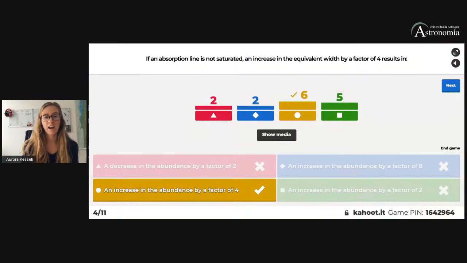Okay. Yeah, so if the line is not saturated, the change in equivalent width directly corresponds to the change in abundance. So if we have an increase in the equivalent width, we'd have an increase in the abundance by a factor of 4.